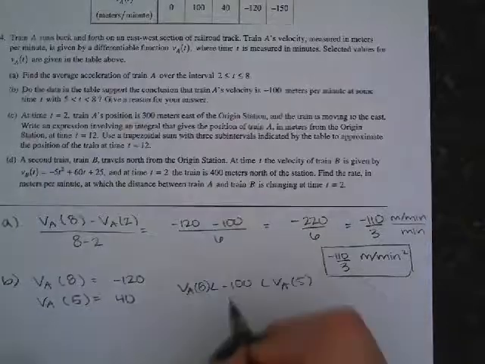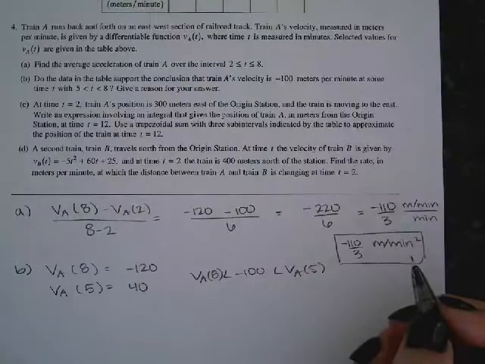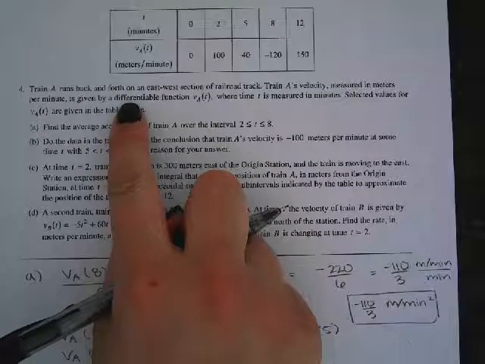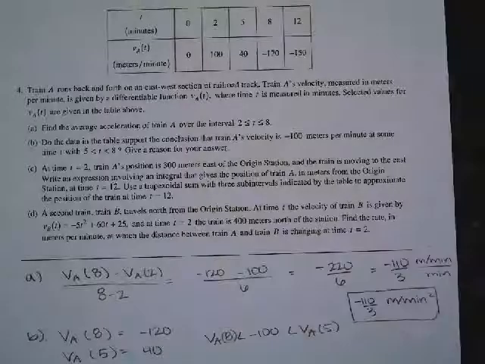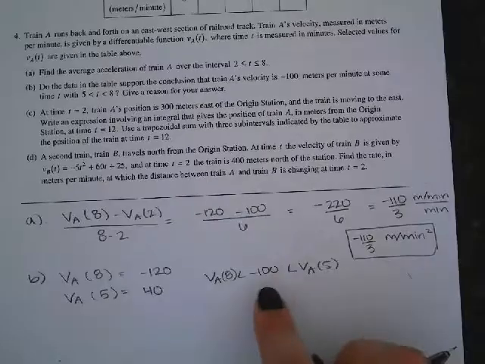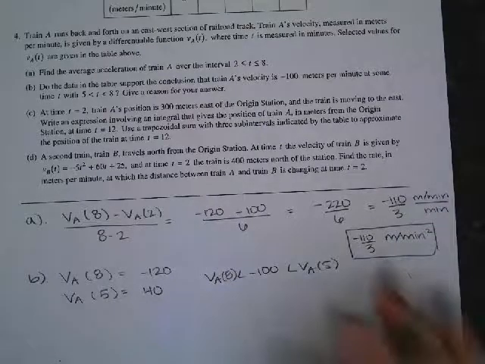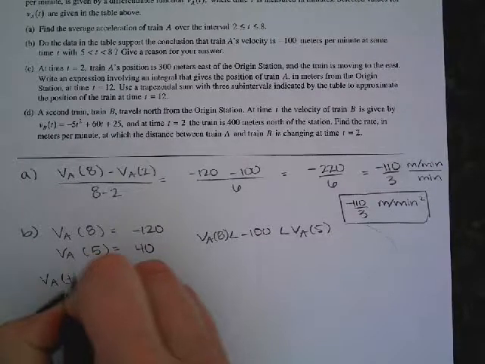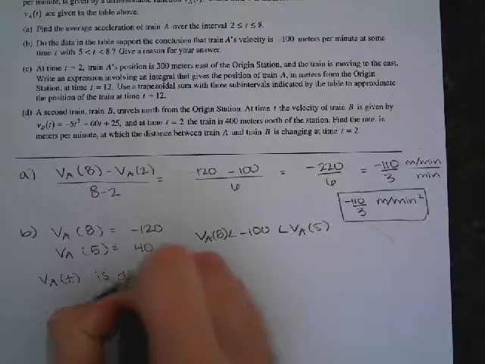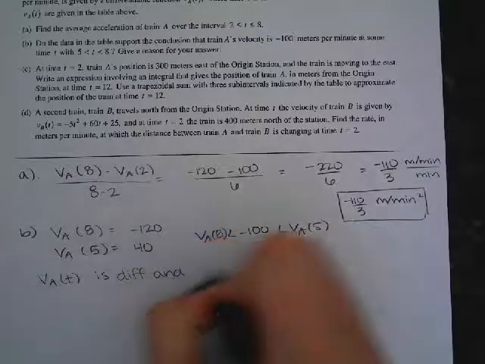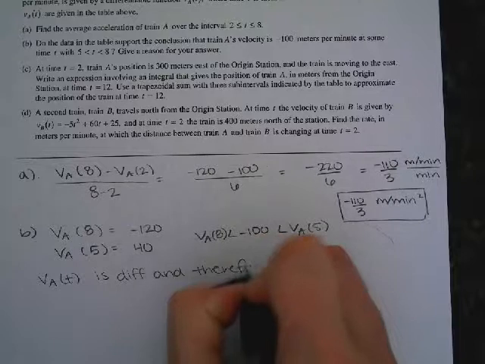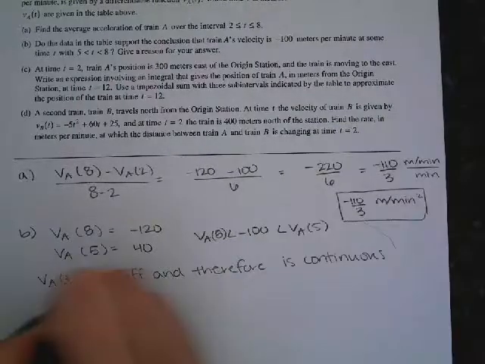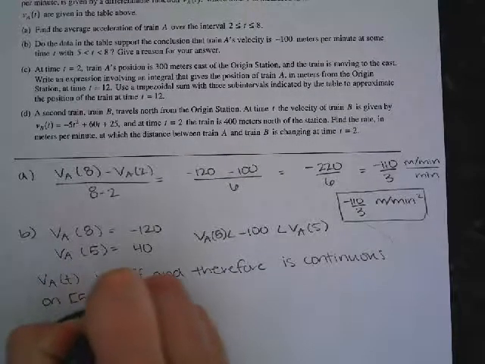And so since negative 100 is in between those two values, and they said that this is a differentiable function, that means it's continuous, then by the intermediate value theorem, there has to be a time where negative 100 is the velocity. So I'm going to say v of t is differentiable, and therefore is continuous on [5, 8].